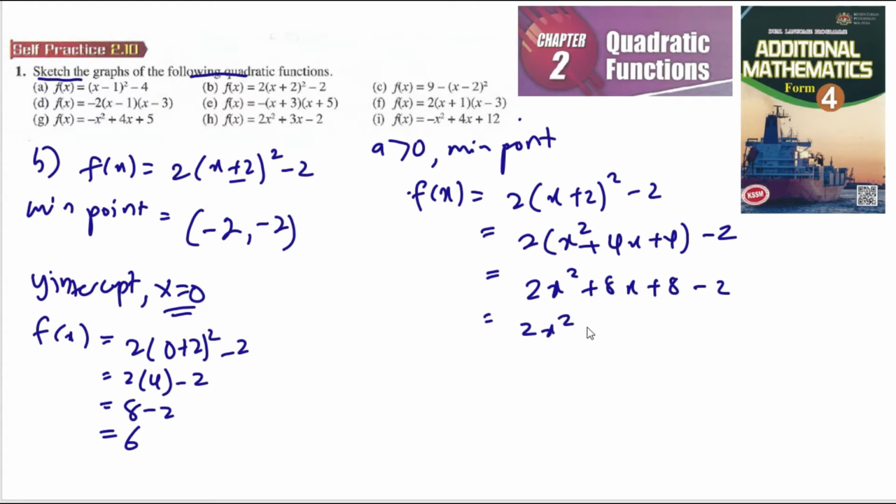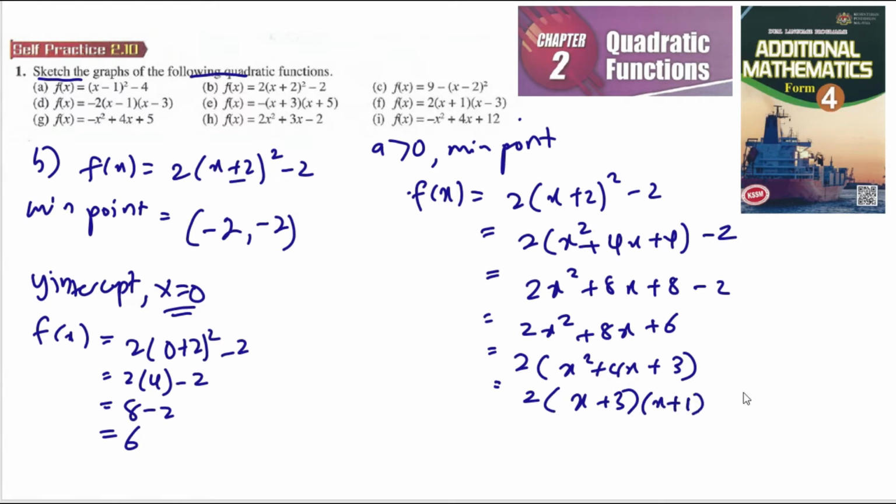So 2x squared plus 8x plus 6. So we take out 2: x squared plus 4x plus 3. So 2(x plus 3)(x plus 1). So we get the x-intercept: x is equal to negative 3 and x is equal to negative 1.